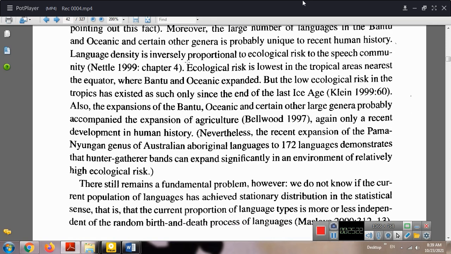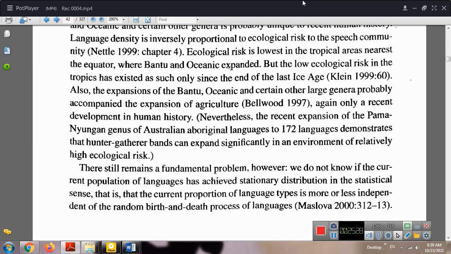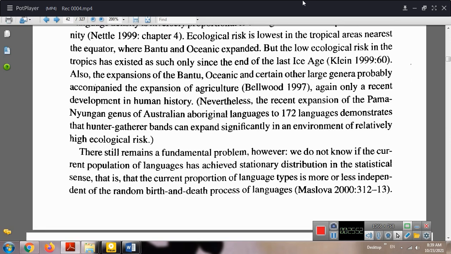Language density is inversely proportional to ecological risk to the speech community. Ecological risk is lowest in the tropical areas nearest the equator, where Bantu and Oceanic expanded, but the low ecological risk in the tropics has existed as such only since the end of the last ice age.